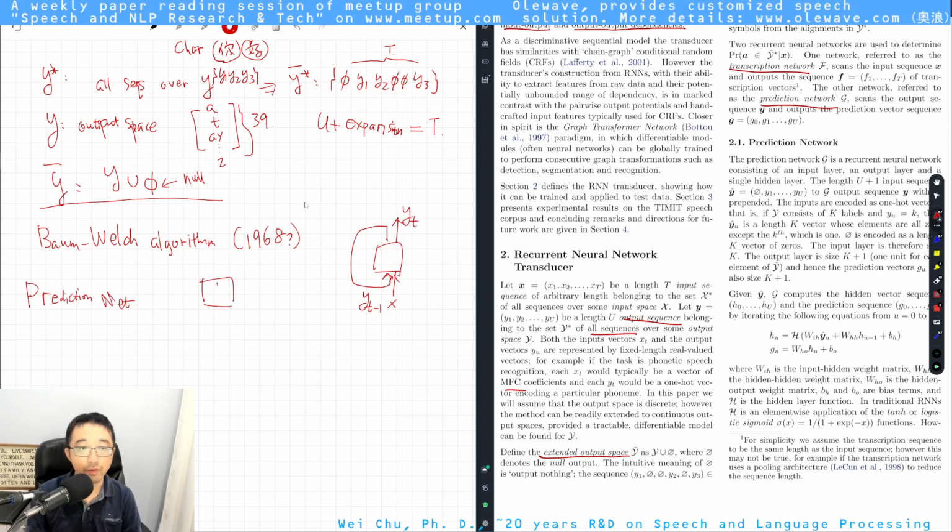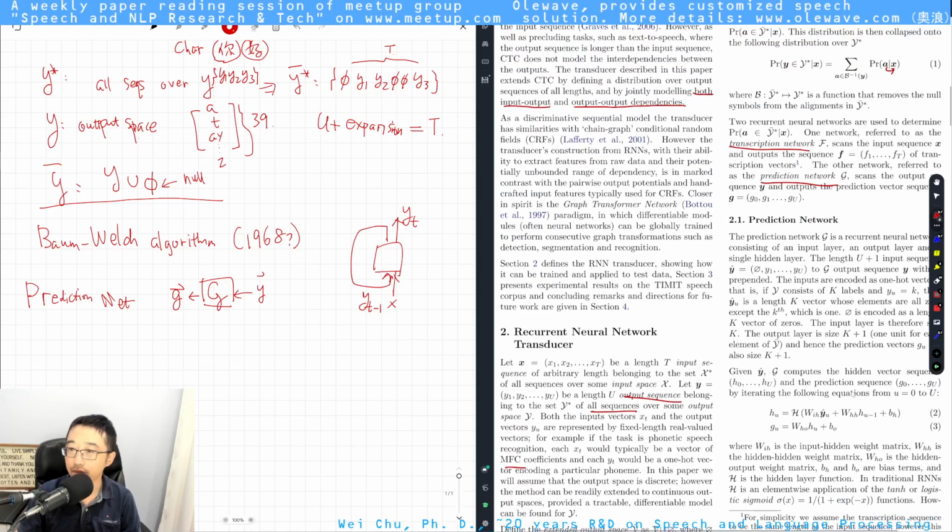It's actually a function G, which takes the output Y, and generates the predictor vector sequence G. How does this work? You can see the equation, I guess it is the second equation.